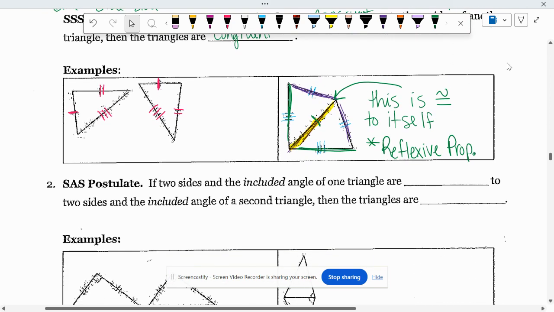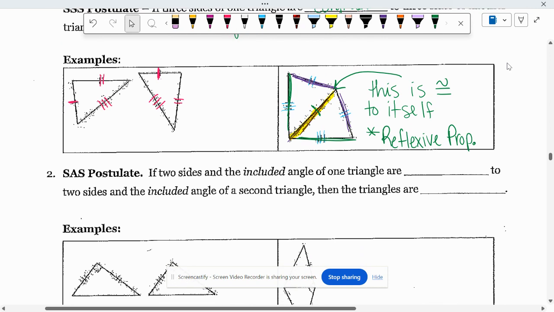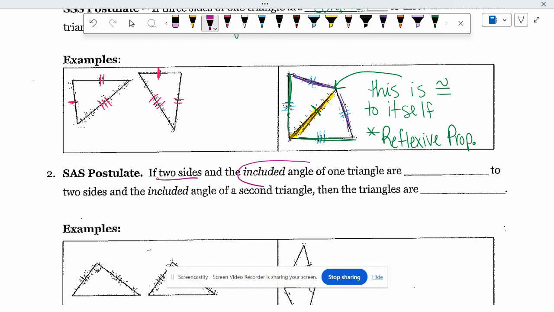Okay? So we have the side, side, side postulate, and then our other postulate is the side angle side. It says if two sides and the included angle of one triangle are congruent to two sides and the included angle of the second triangle, then the triangles are congruent.